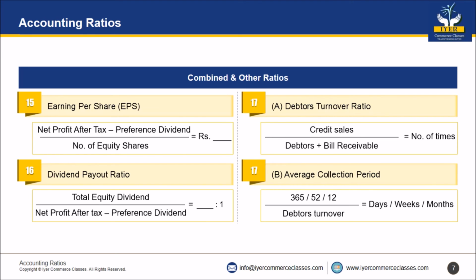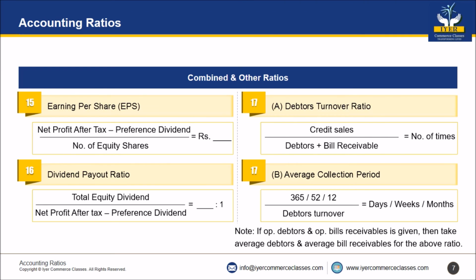You will get the answer in days or weeks or months as the case may be. Note, if opening debtors and opening bills receivable is given in the problem, then you will take average debtors and average bills receivable for the above ratio.